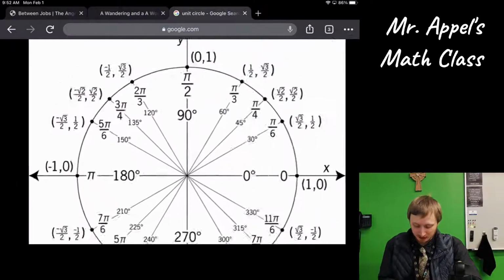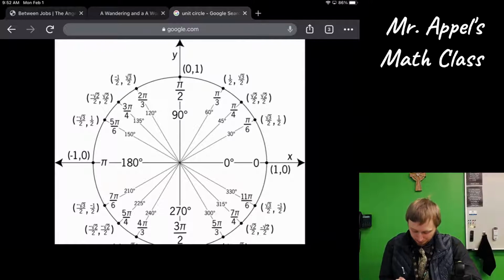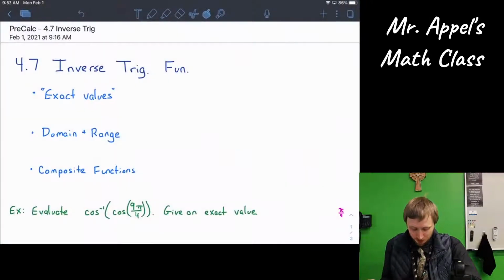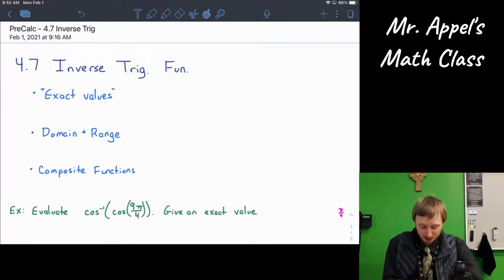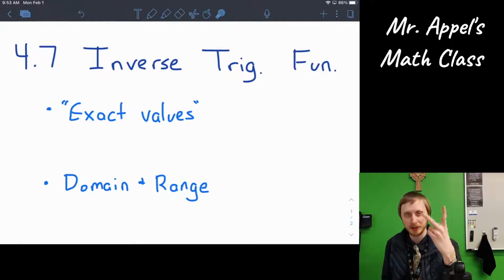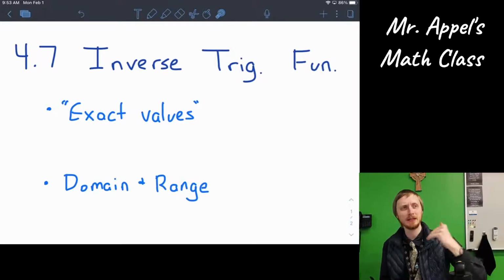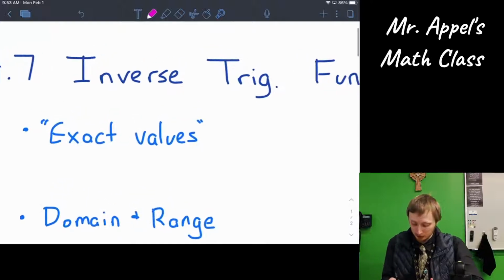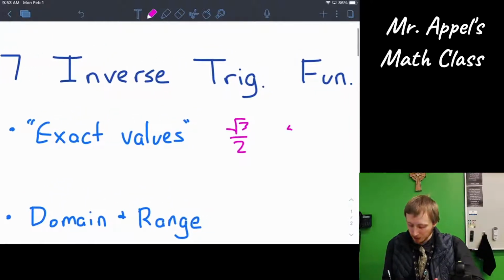That's kind of the downside to the inverse trig, it's not as precise. And I put exact values here in quotes for 2 very important reasons. One, we're still dealing with the exact values, as in we want the square root 3 over 2, we want the 5 pi over 6, right?